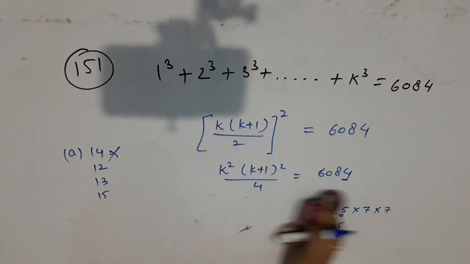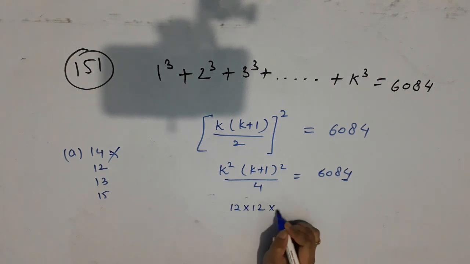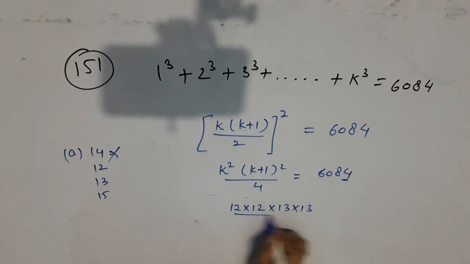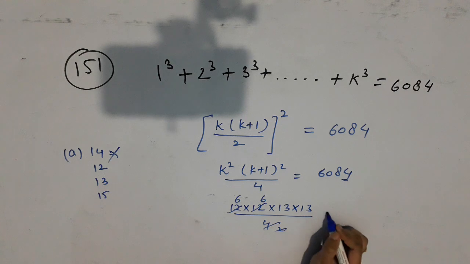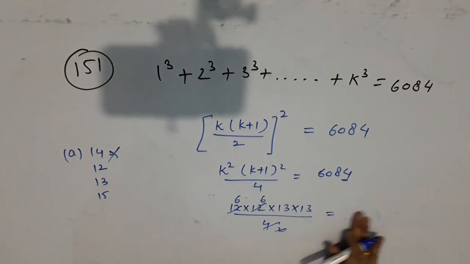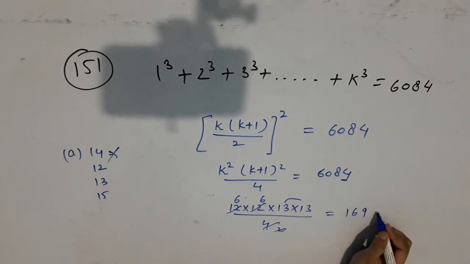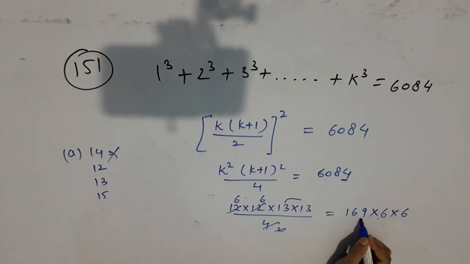So let's move on to the next option. Now next option is 12. So let's put the 12. 12 into 12 into 13 into 13 upon 4. That is equal to 36 into 169. Let's not multiply 6 into 6 first; first multiply 13 into 13. 6 into 9 is 54, means you can get the 4.